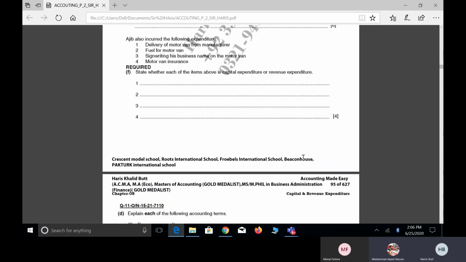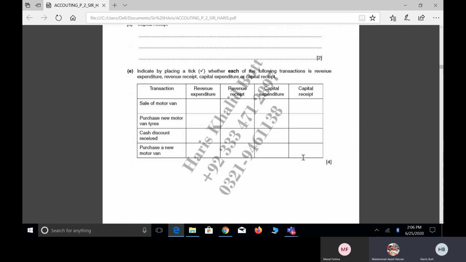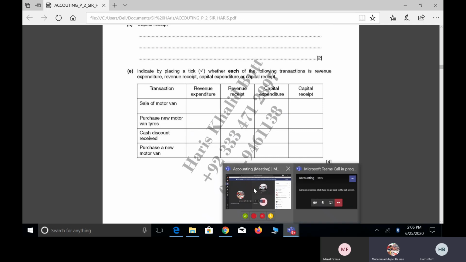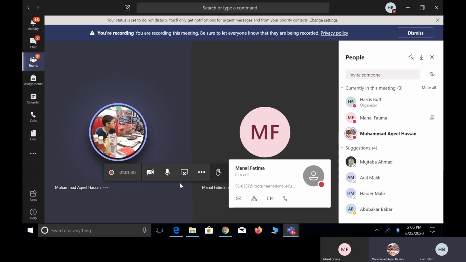Okay. Next, you will take the pic of this. This table also belongs to the same thing. Okay, that's good.